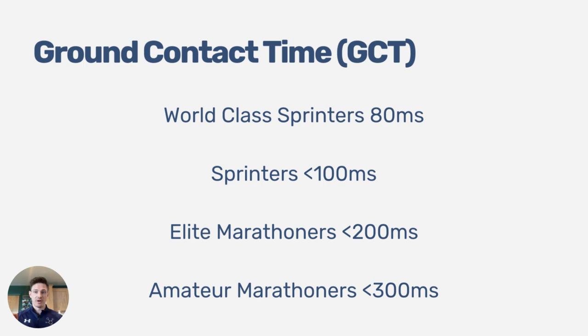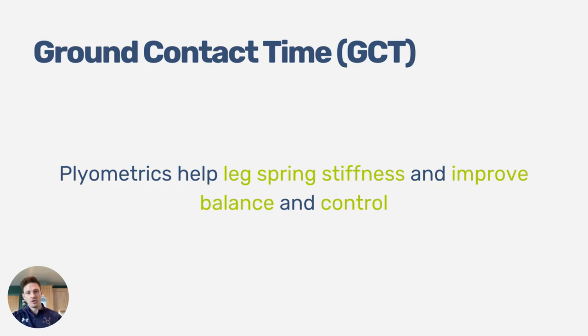Their spring is able to reabsorb or reproduce that force quicker. That then feeds into things like running economy. Somebody who has less leakage of energy through the rest of their frame, and who has these quick contact times, is going to have better running economy. So even in endurance, this plays an important role.